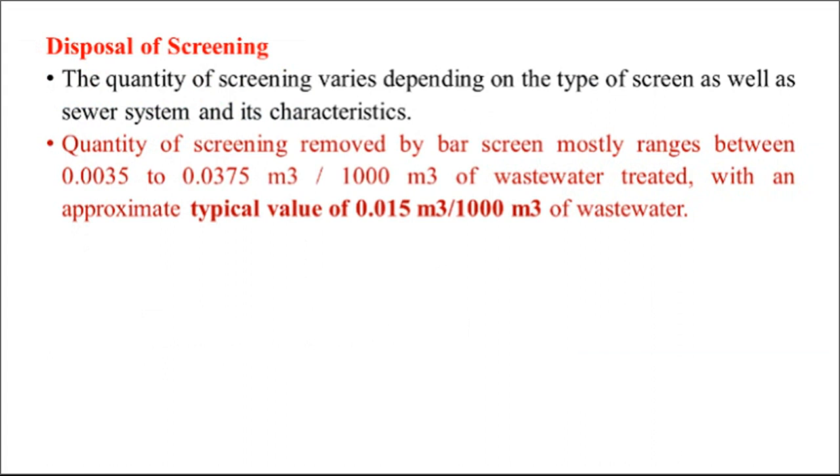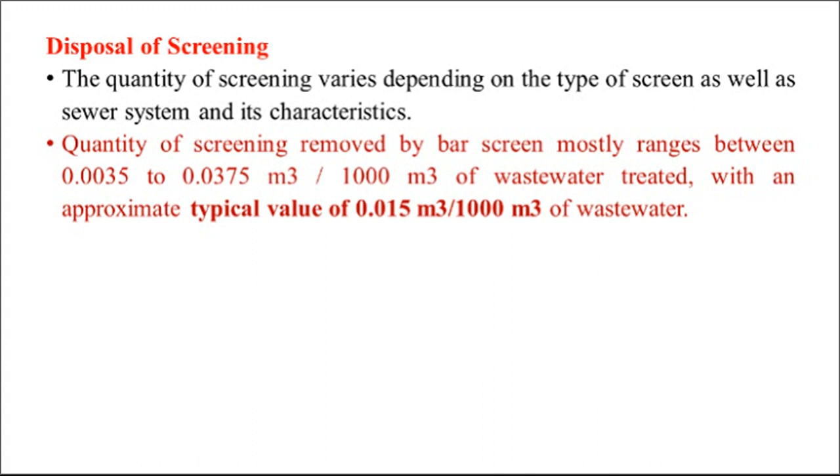Next one, regarding disposal of screening. Screening is nothing but the material which is trapped by the screens. The quantity of screening varies depending upon the type of screens as well as sewer system and characteristics of the sewage.